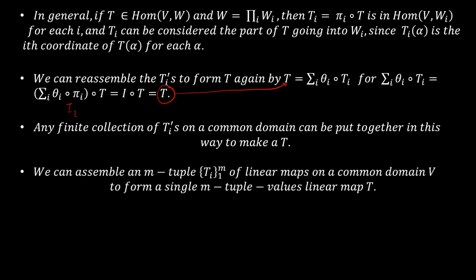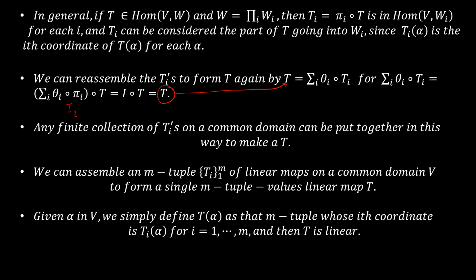We can assemble an M-tuple Ti, from i equals 1 to M, of linear maps on a common domain V to form a single M-tuple valued linear map T. Given α being a member of V, we simply define T(α) as an M-tuple whose ith coordinate is Ti(α), for i equals 1 to M, and then T is a linear transform.